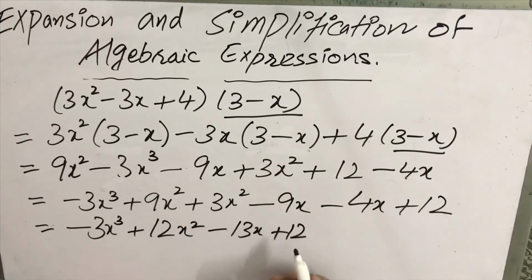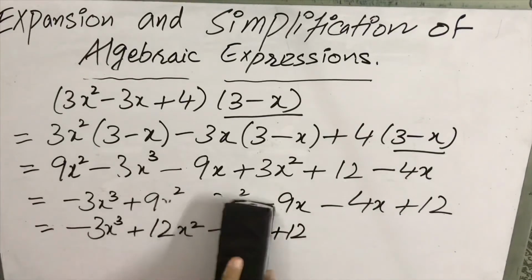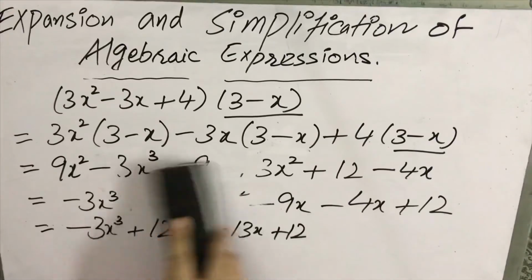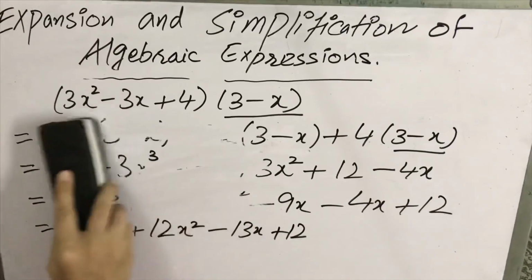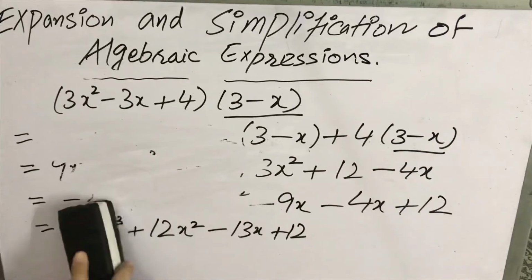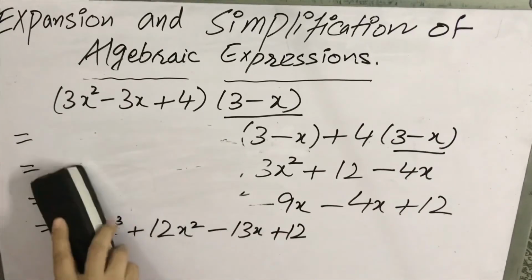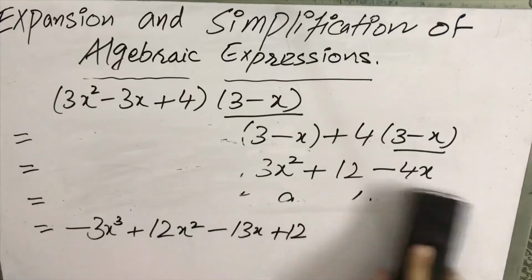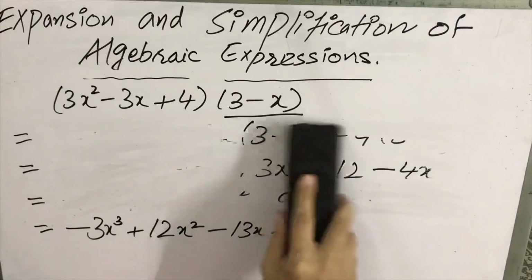Okay, I am going to do the same question for you, with opening of the bracket which has 2 terms, and you will observe that the answer remains the same.